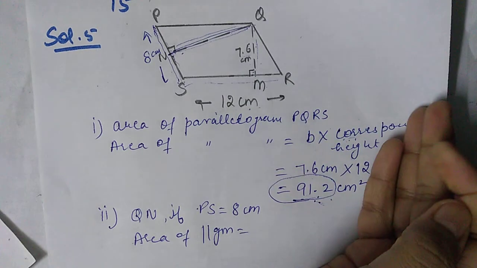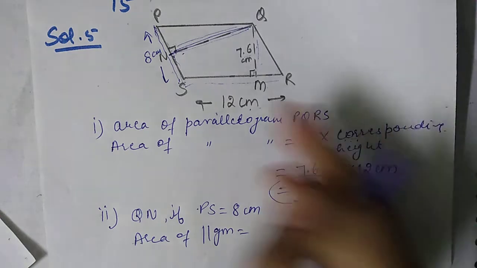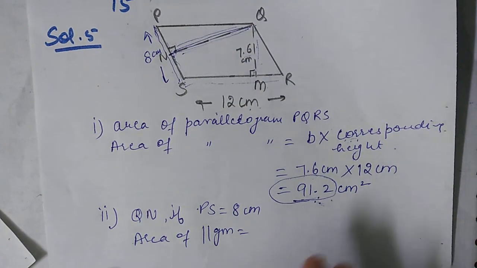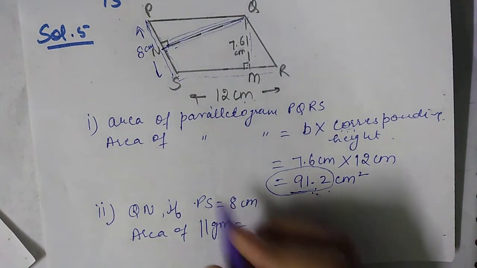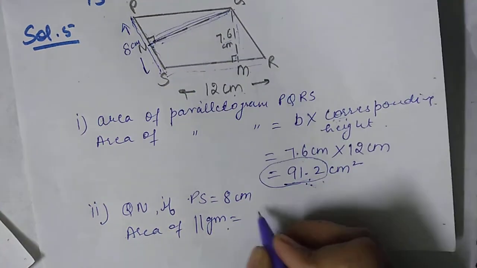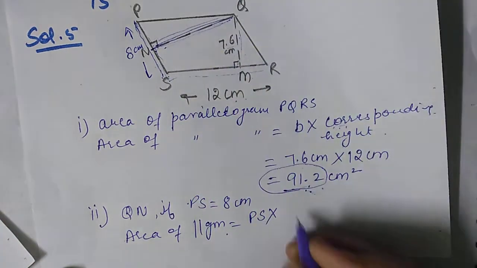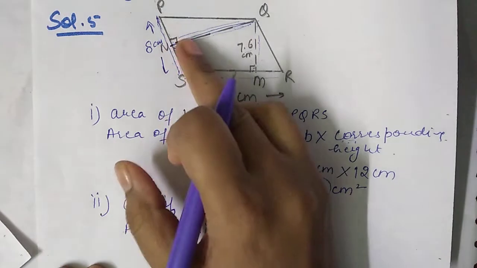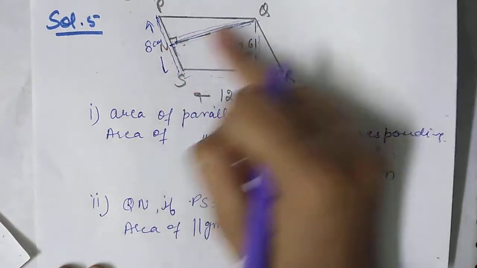In both cases, whether you take this as height and this as base, or the other way around, the area of the parallelogram remains the same. So in this case I can write PS into QN, where PS is the base and QN is the height.